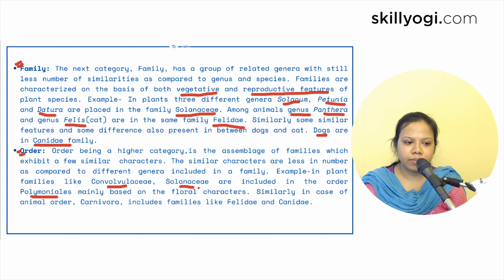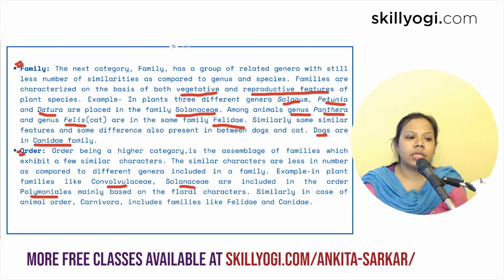In case of animals, the order Carnivora comprises different families, that are Felidae and Canidae.